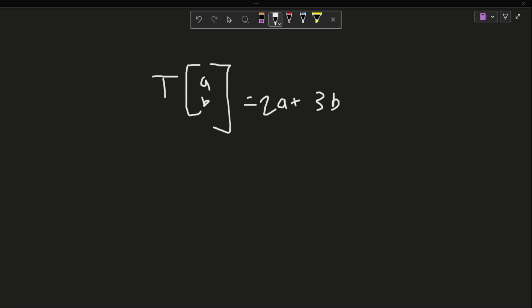That's going to yield us some vector in our other basis that we can represent using our other basis. The indirect approach is a bit different.